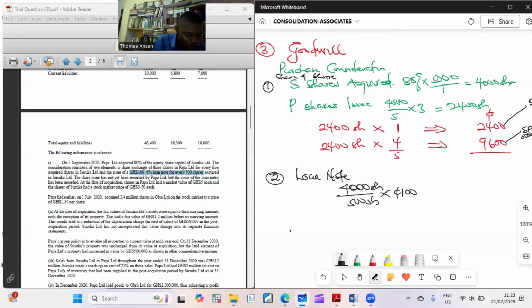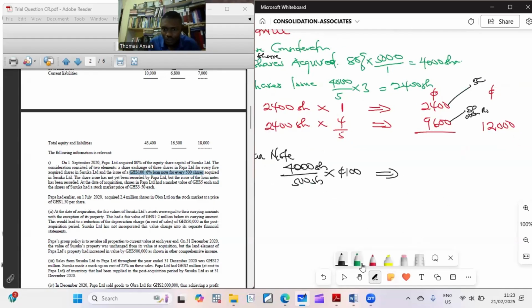So what would that give me if I do 100 cedis for this 4,000, and I multiply it? What am I getting? This calculator is giving me a problem. Let me punch it well. So 4,000 divided by 500, that gives me 8. 8 by 100, that gives me 800. So here will give me 800.